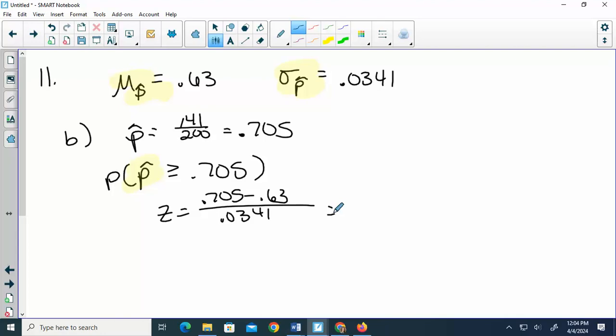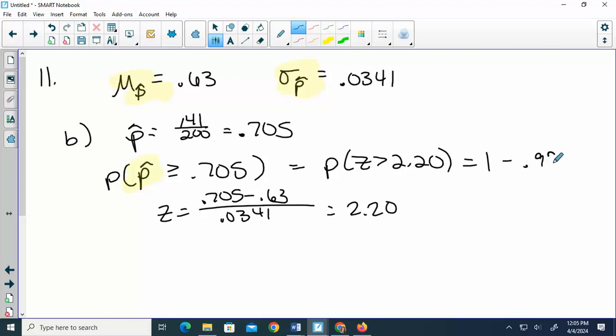And if we do that, we get 2.199, so 2.20. So find probability z is greater than 2.20. For greater than, we do 1 minus. Look up your probability from the table, 2.20, 0.9861, and we get 0.013.